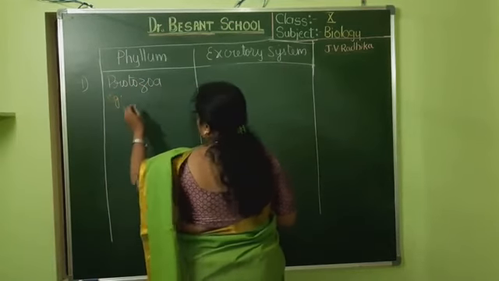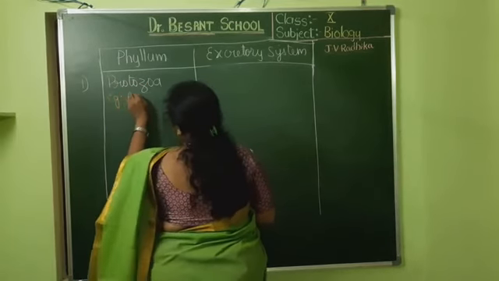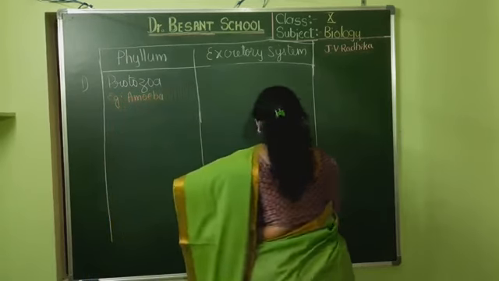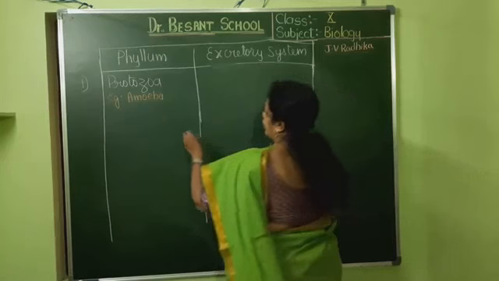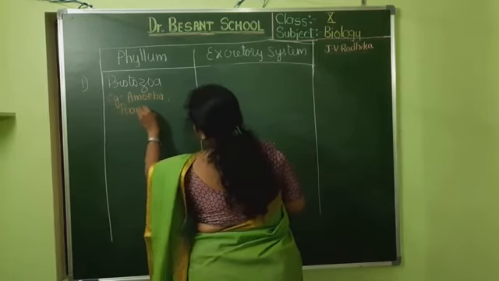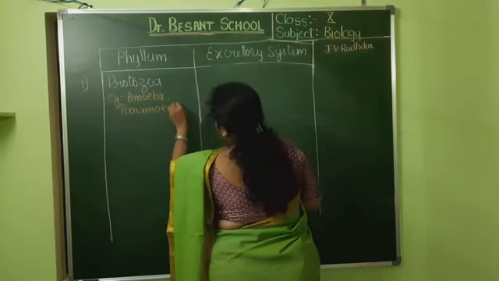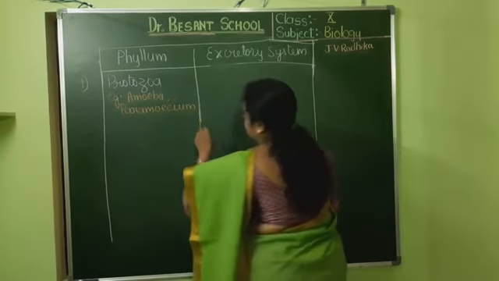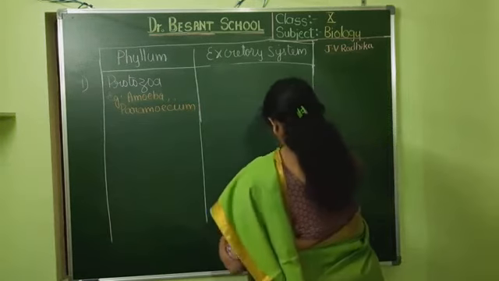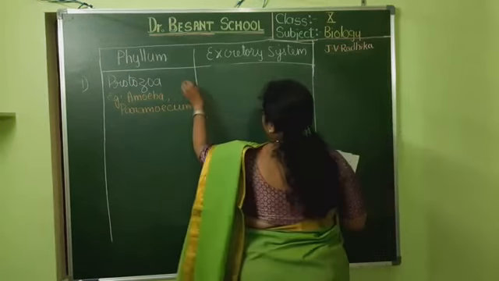What example can you take? Easy one, amoeba. Or you can take paramecium. Amoeba, paramecium, euglena, plasmodium, all these are protozoans. In them, how will excretion occur?